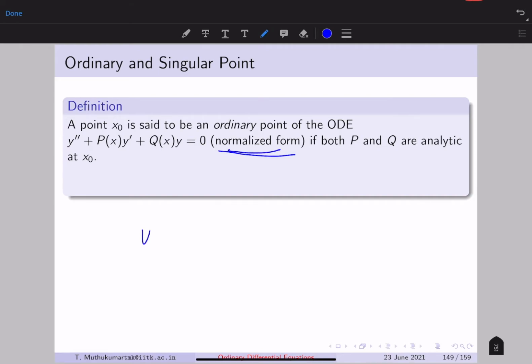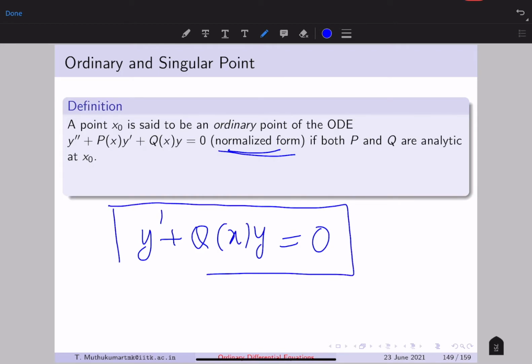If you take the normalized form of a first order ODE, it's something like this. It's a homogeneous ODE, right? We have already solved this in the previous lecture. This is a linear first order ODE, and we have already shown how to solve it using the method of integrating factors, so you can solve it without using the method of power series.